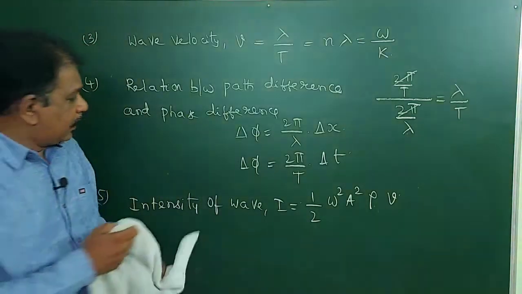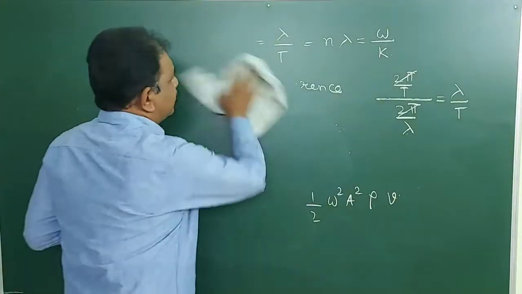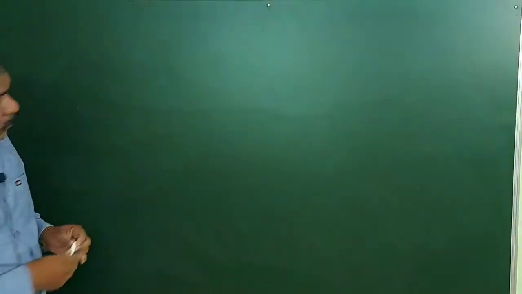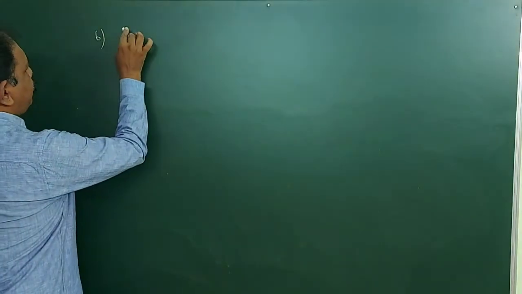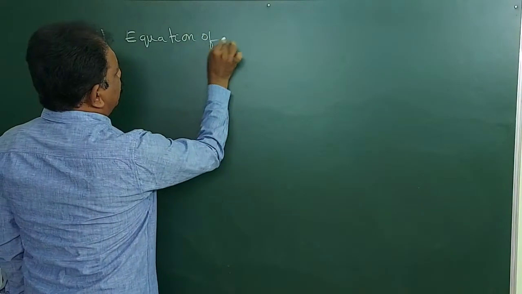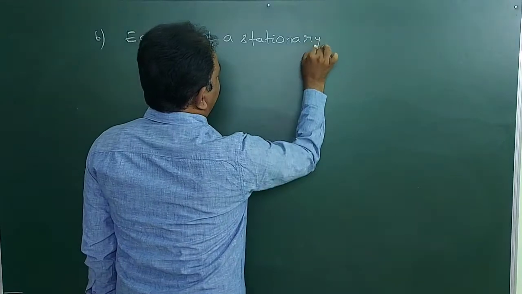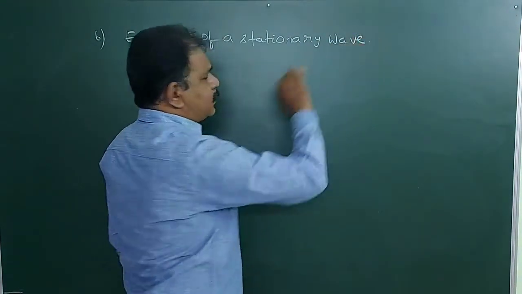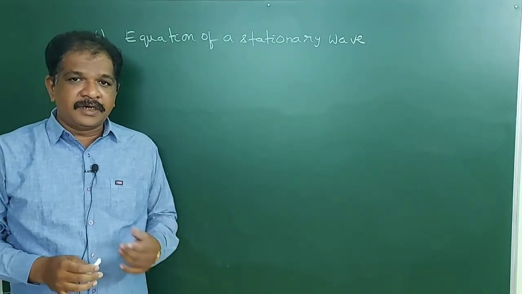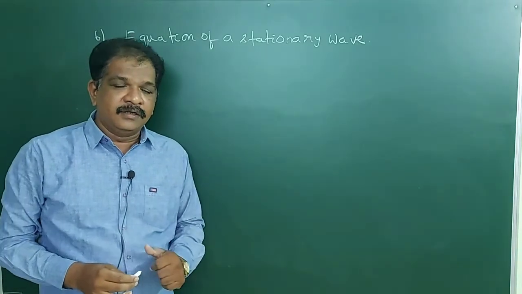Okay. Next, stationary wave equations. Equation of a stationary wave. This stationary wave may be formed due to the reflection at the free end or due to the reflection at the rigid end.